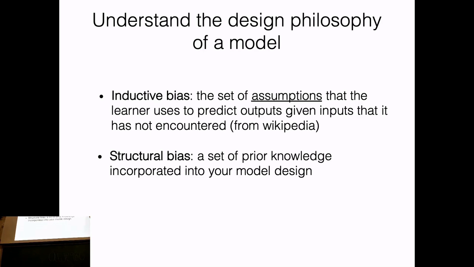One typical special case of the inductive bias is the structural bias. It is also a very frequently used term in neural networks. The structural bias is a set of prior knowledge incorporated into your model design.